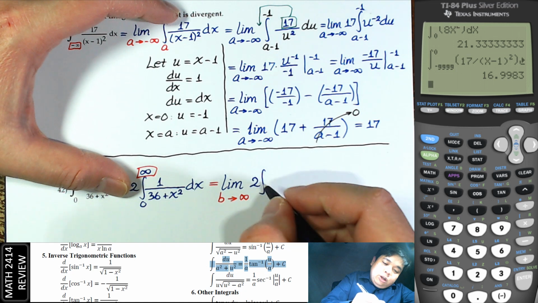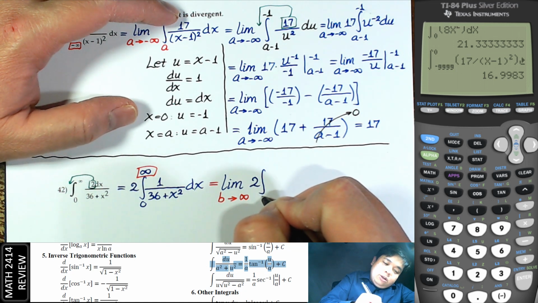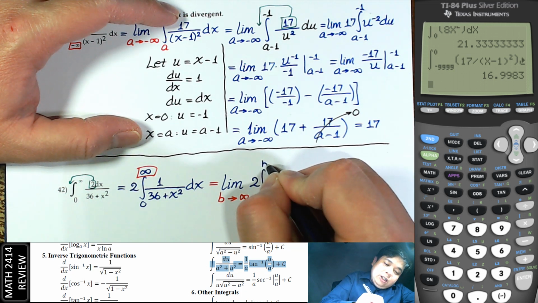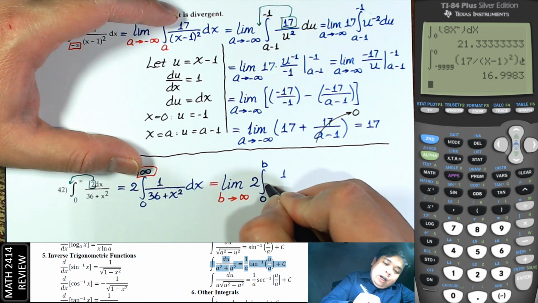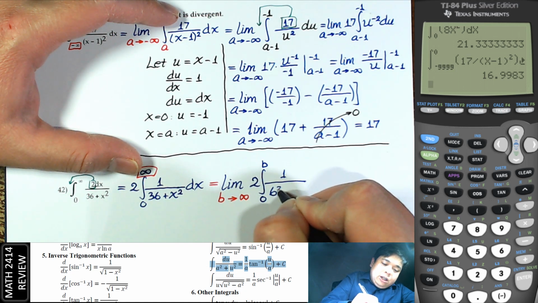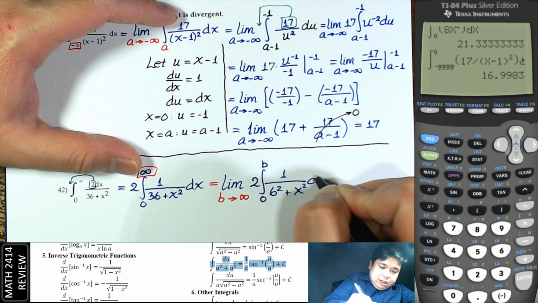And there's a 2, and then we can go from 0 to b. Now we write 6 squared plus x squared dx.